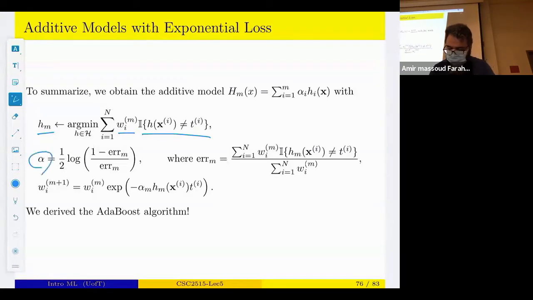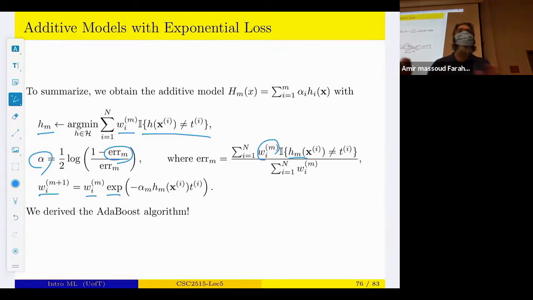So that's HM. Computing alpha is easy. We just need to know this weighted error, which we can compute easily. We know the W's, we know HM, we compute alphas, and then updating the weights at the next iteration is also easy, because we take the previous weights and multiply by exponential of minus alpha M h of M times t.